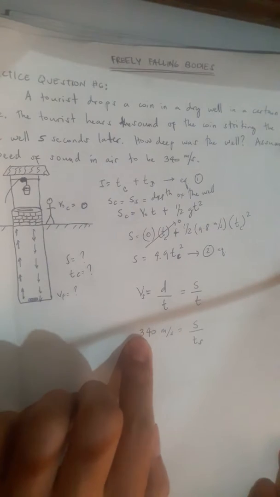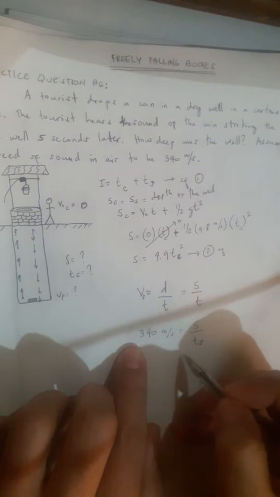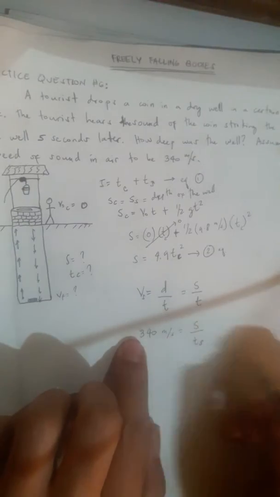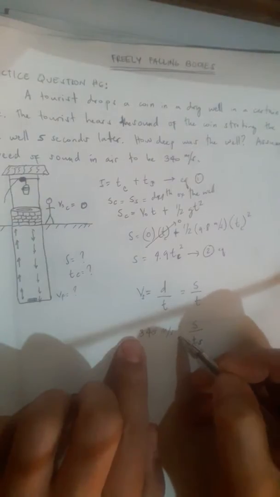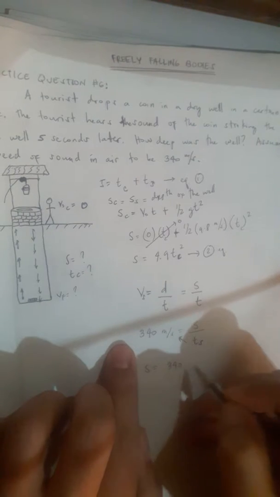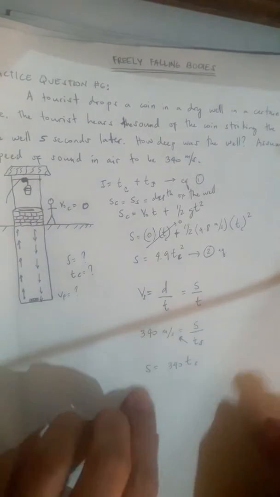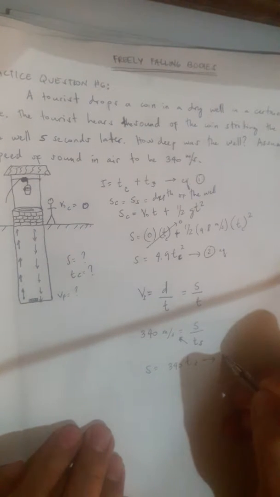Okay. So, let's cross multiply. So, the S now is equal to 340 TS. Let's disregard na lang the units because consistent naman sila. So, this will be our equation 3.